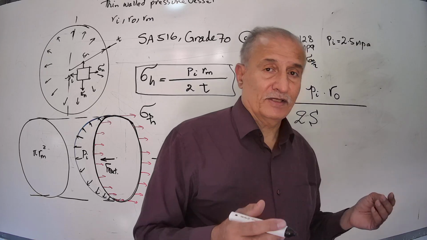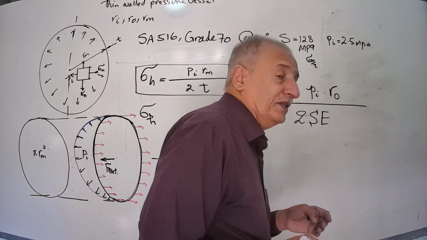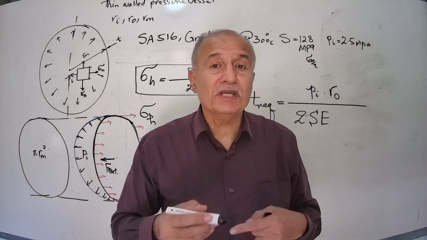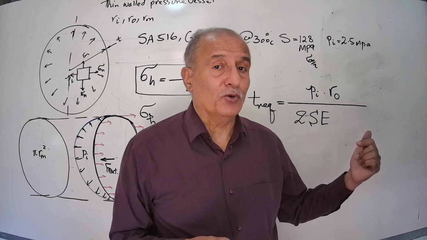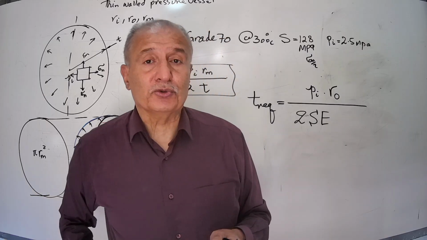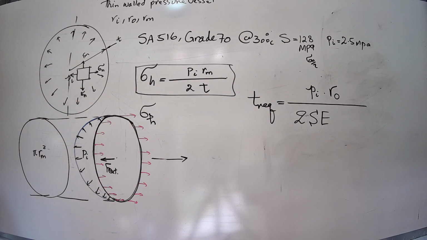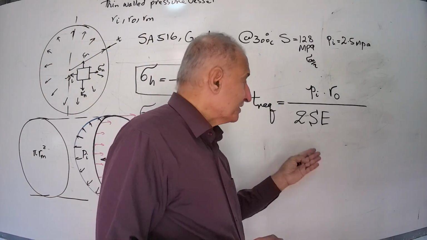Sigma is S, allowable stress, times efficiency of the welding. Welding reduces the amount of allowable stress, makes the plate weaker. And we must count on a smaller allowable stress than that given by the ASME, for example, Section 2, Division 1. Sometimes if you test the welding by X-ray, the full test means that the efficiency is 1.